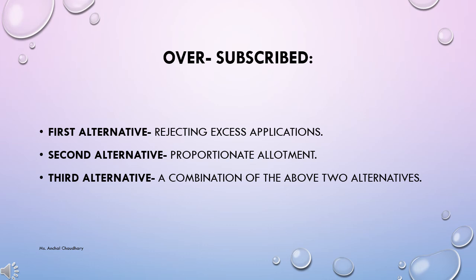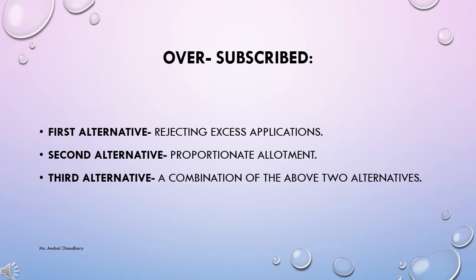So there are three alternatives to solve the problem of oversubscription. First, you can reject the excess applications. Suppose you have received applications for 15,000 shares, you will reject the 5,000 excess applications and refund their amount.